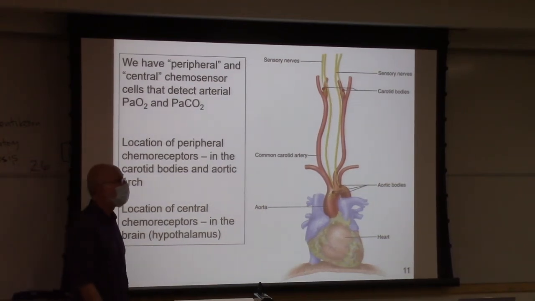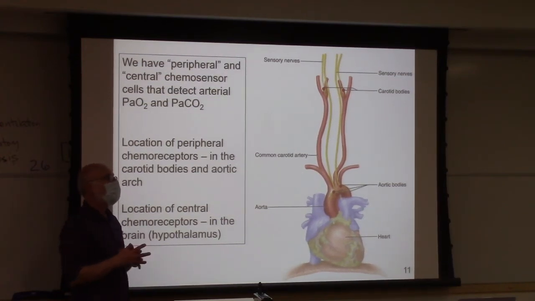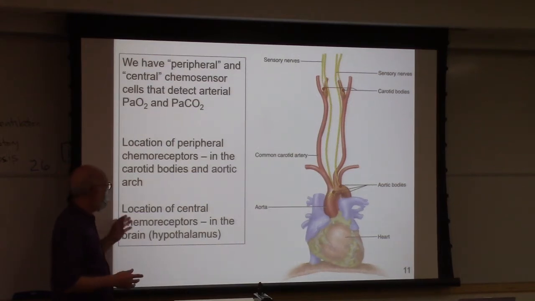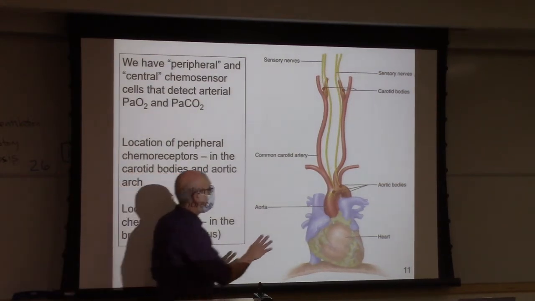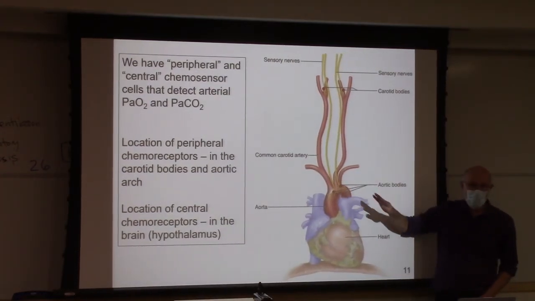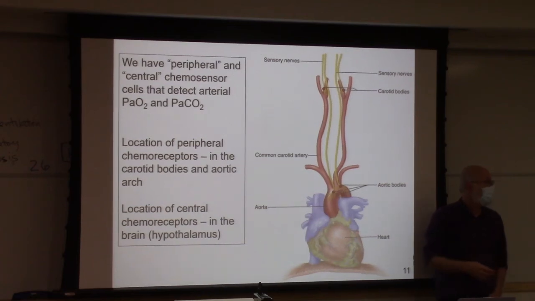Are chemoreceptors receptors on the surface of chemosensor cells? Okay, so we have to be clear whether we're talking about chemoreceptor cells or chemoreceptor molecules. I'm just talking about chemoreceptor cells. These are cells that express a receptor for oxygen and indirectly CO2. So the chemoreceptor cells are located in the endothelium and in the hypothalamus of the brain.